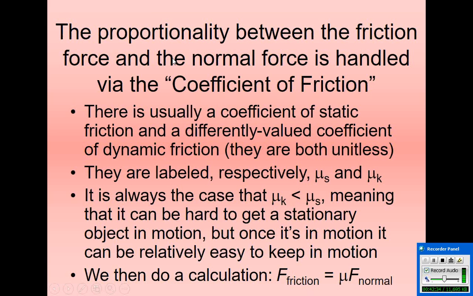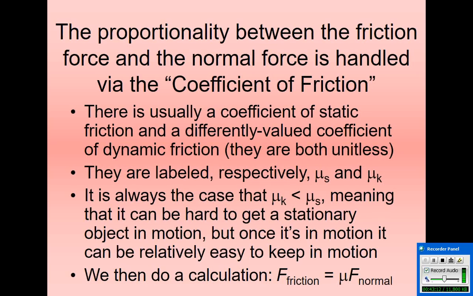The constant of proportionality between the frictional force and the normal force is called the coefficient of friction. The coefficient of friction is a unitless quantity. It's just a number. It's almost never bigger than 1. It is a positive quantity between 0 and 1. Frictionless would mean that the coefficient of friction is 0. The coefficient of friction comes in two varieties, one for the static case and one for the kinetic or dynamic case.